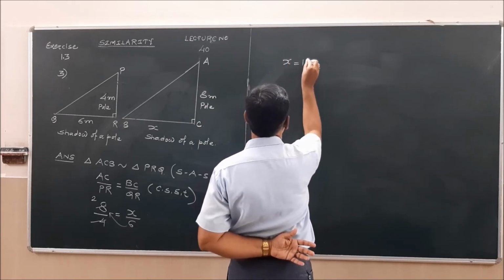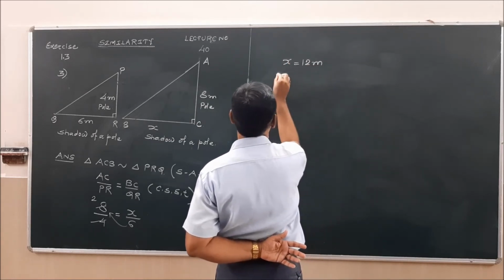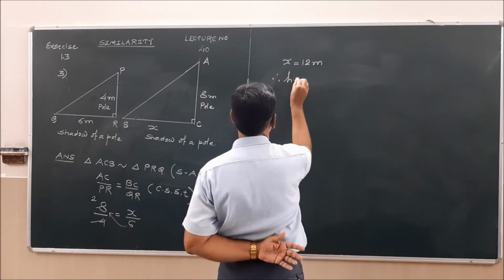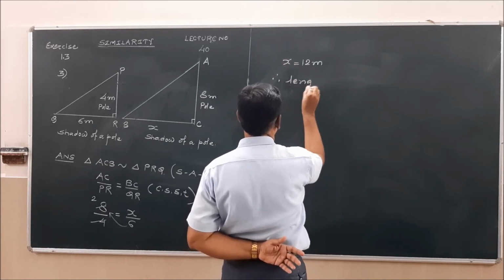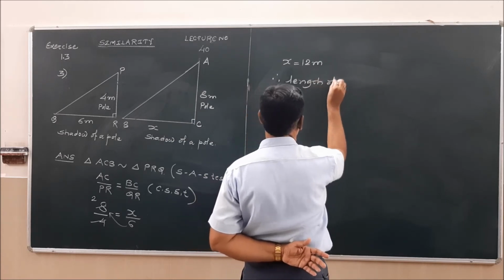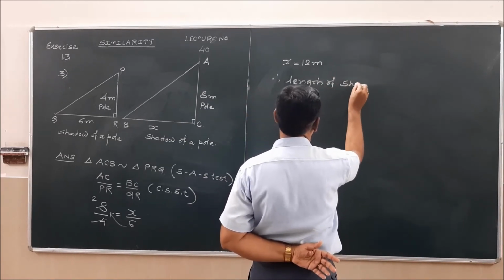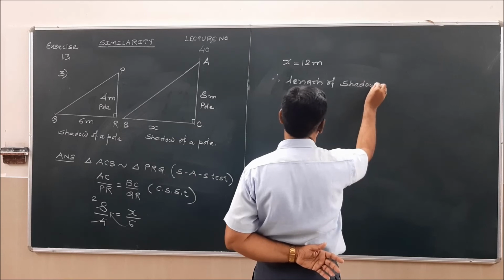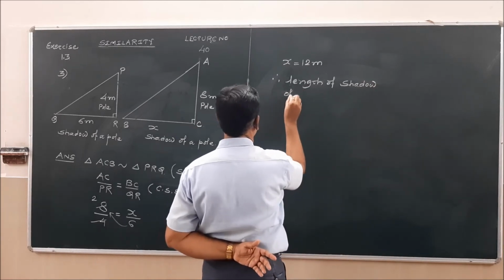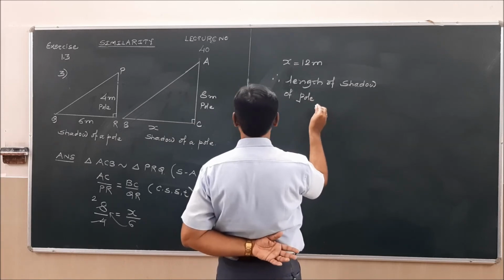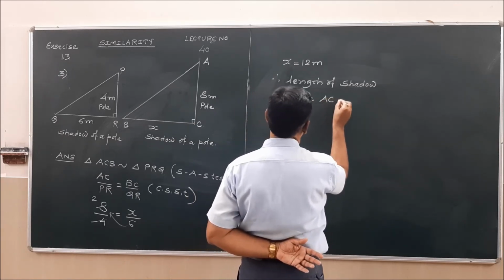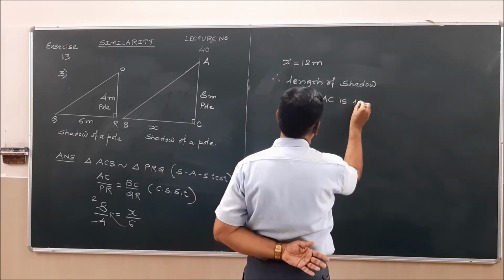X is equal to 12 meters. Therefore, the length of the shadow of pole AC is 12 meters.